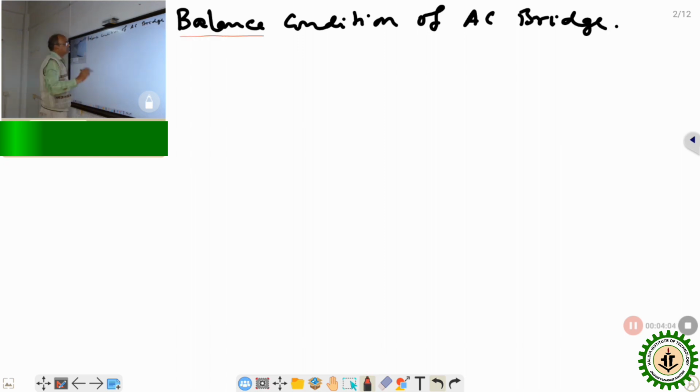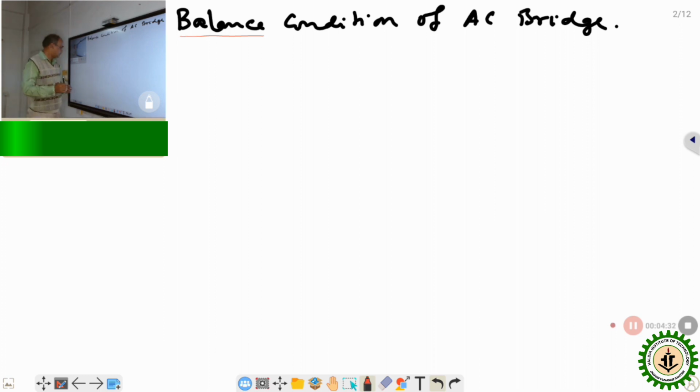Balance condition. For balance condition, what we have to do? We have the idea from the class 12 level also. For balancing the bridge, we have to give the supply across opposite ends, and we have to measure the condition. That means detect.